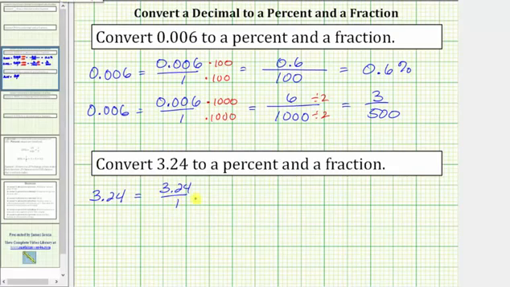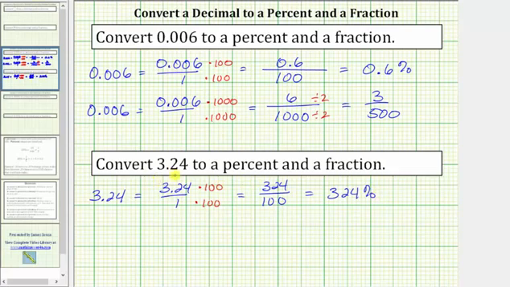To create an equivalent fraction with the denominator of 100, we multiply the numerator and denominator by 100. 3.24 times 100 equals 324. 1 times 100 equals 100. This gives us the fraction 324 hundredths, or the ratio of 324 to 100, which is equal to 324%. Again, the shortcut is to multiply by 100 and add a percent sign.